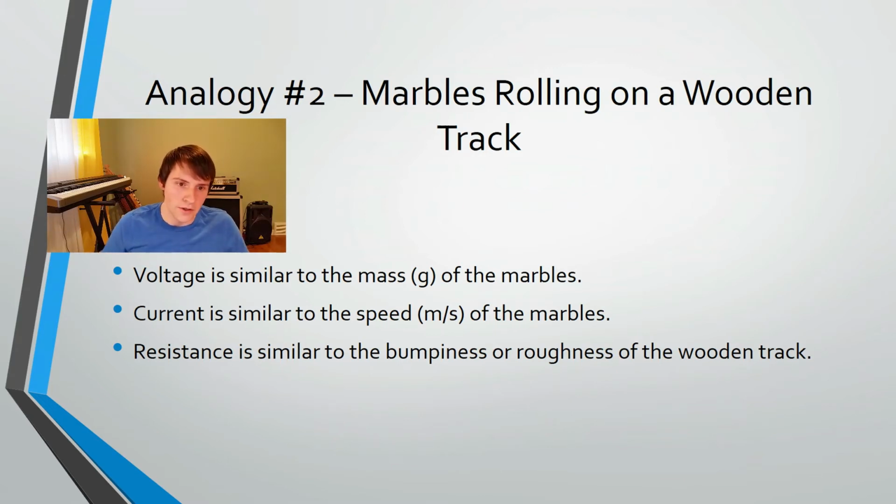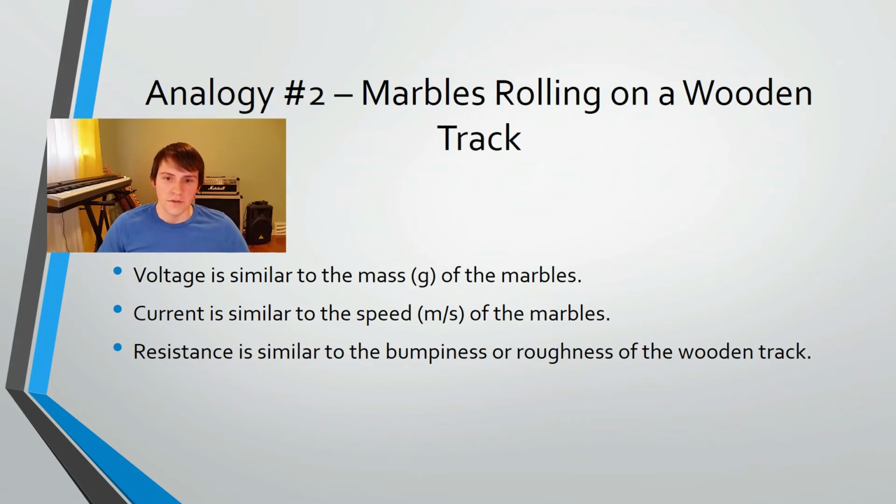So with a low current, they would be rolling slowly, maybe 1 meter per second along the track. But if you had a high current, it'd be maybe 5 meters per second, so they'd be rolling really fast along this track. And resistance is similar to the bumpiness or the roughness of the wooden track.